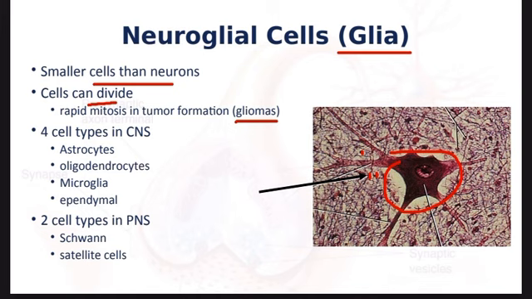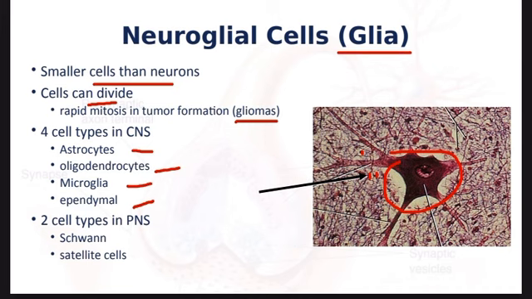We have different types. We have the astrocyte, this is the first one. We have the oligodendrocyte, which is this one. Sorry, its name is very hard. And microglia, okay. And the last one is the ependymal cells. These are the four types.